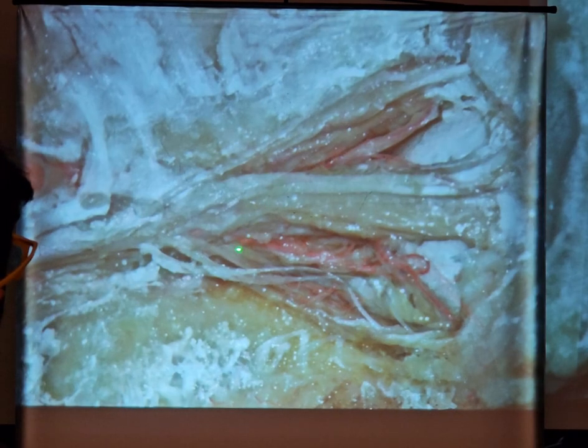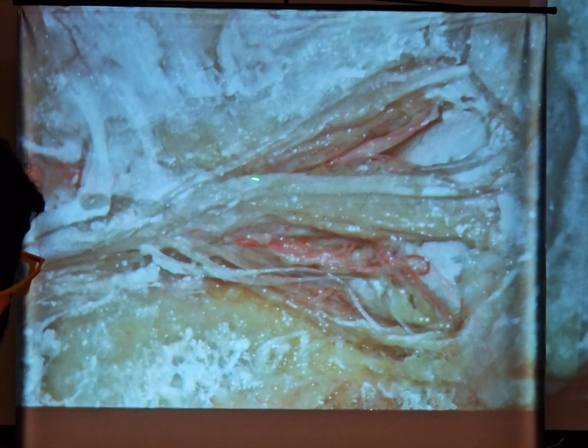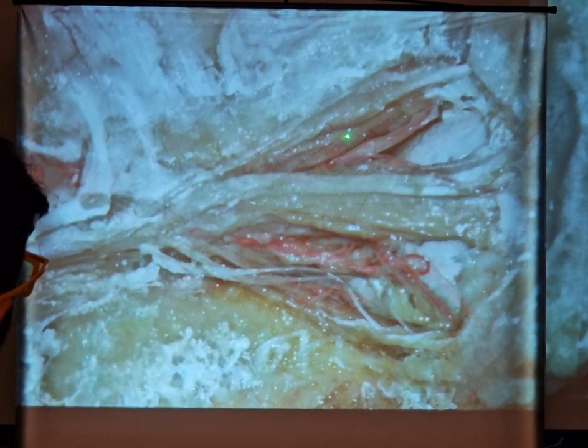Laterally, we have here the sixth nerve, reaching the lateral rectus muscle, and the lacrimal nerve, ending in the lacrimal bone. Medially, here, the trochlear nerve, reaching the superior oblique muscle and under, just under, the medial rectus muscle.